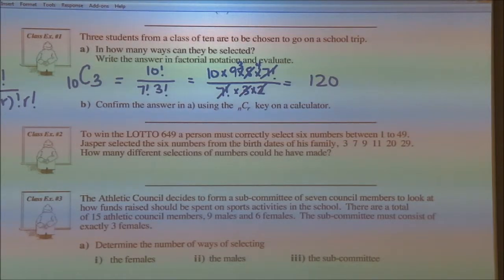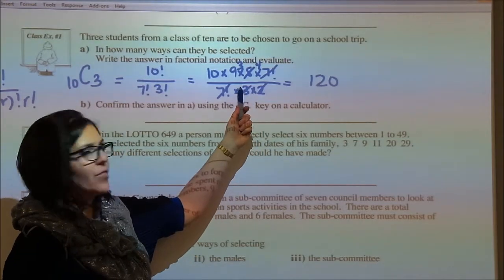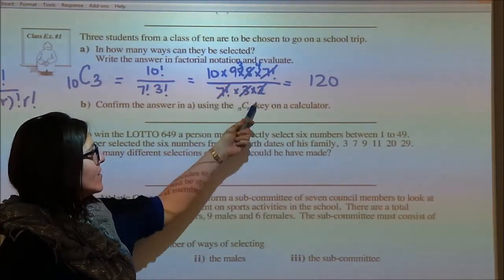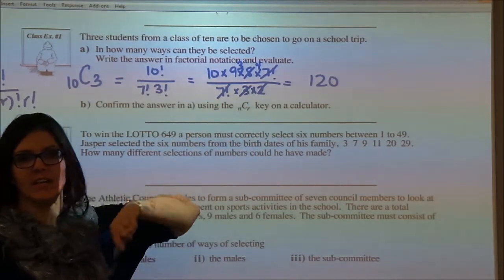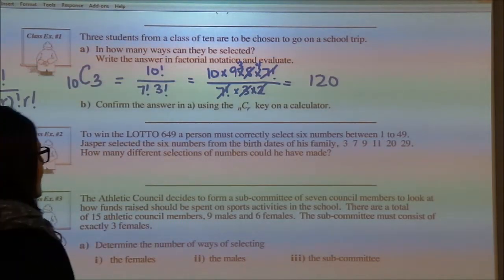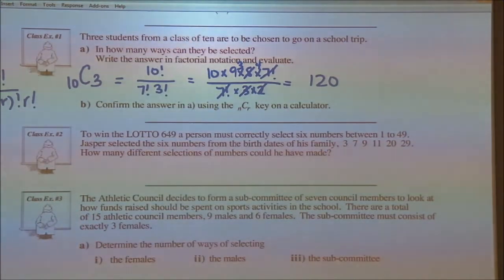So I could expand this out, 10 factorial, 10 times 9 times 8 times 7 factorial, so I cancel the 7 on the bottom. And then I expand it out. We did a question similar to this with the 3 and the 2. And then 8 divided by 2 is 4, 9 divided by 3 is 3, so now I have 10 times 4 times 3. Or you can use the nCr calculator key, which is the same as the nPr. You find it in the same place, it's just choice number 3.